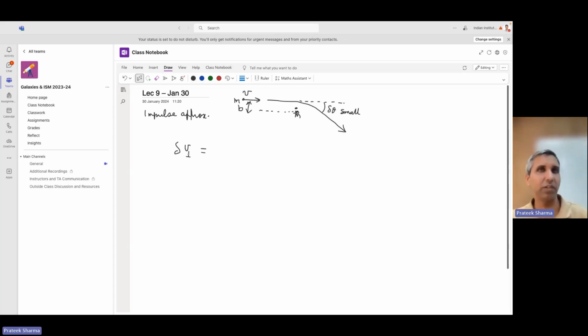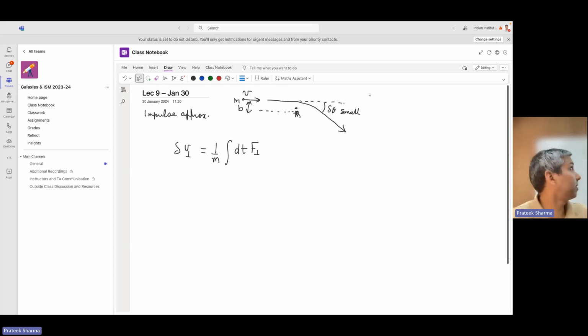perpendicular to the initial velocity is equal to 1 by mass times dt times F perp. All stars are of mass m. F perp is the gravitational force perpendicular to the direction of motion, which is just the impulse approximation.